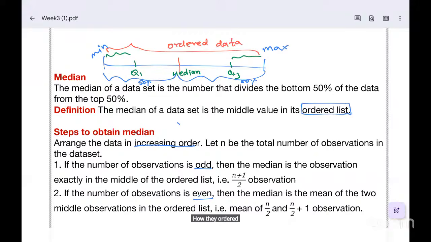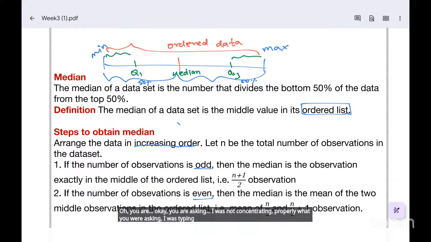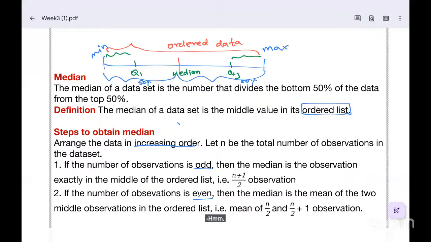Okay, you are asking how they use percentiles to calculate marks for competitive exams, right?